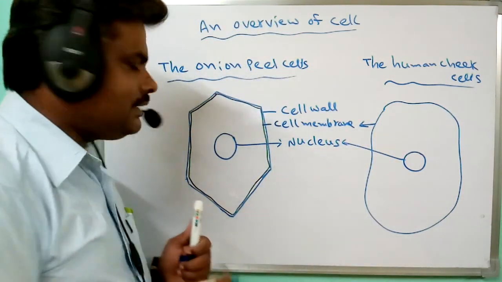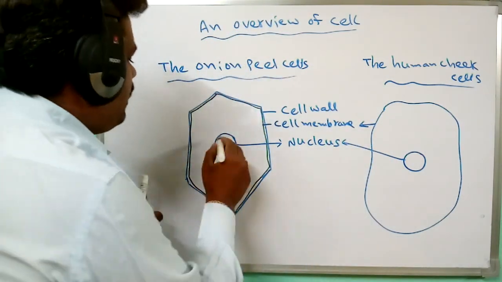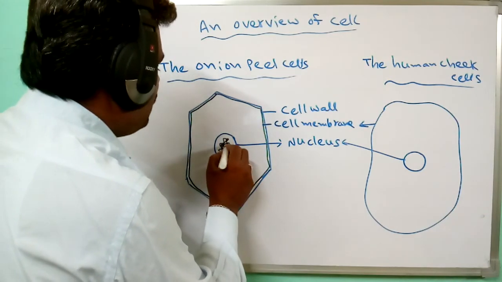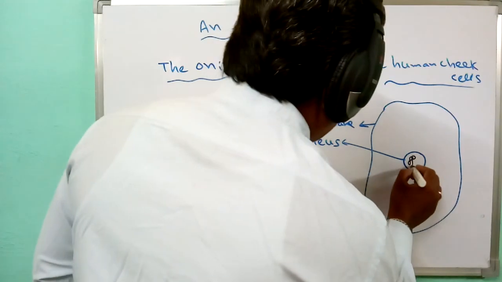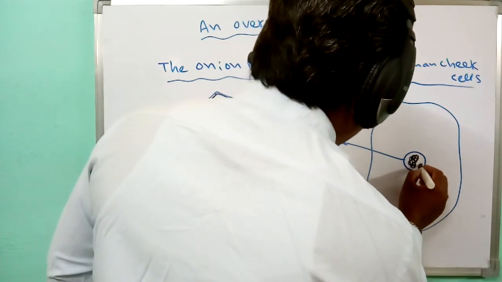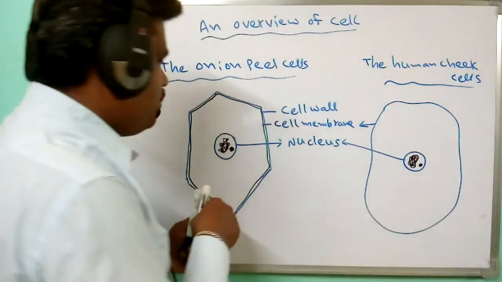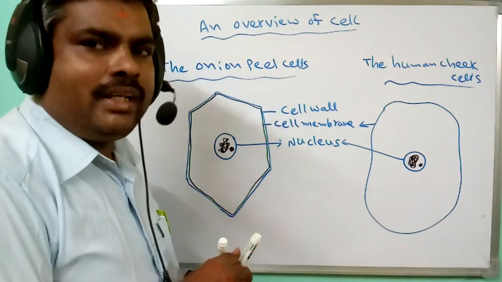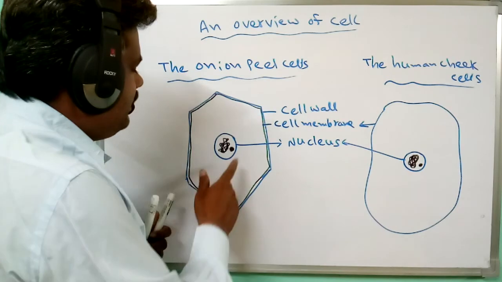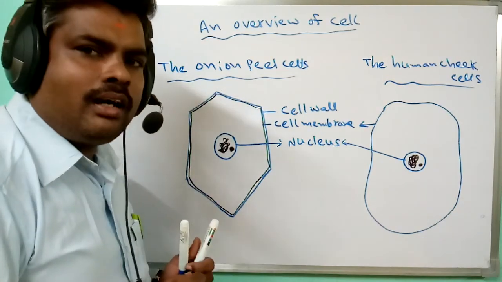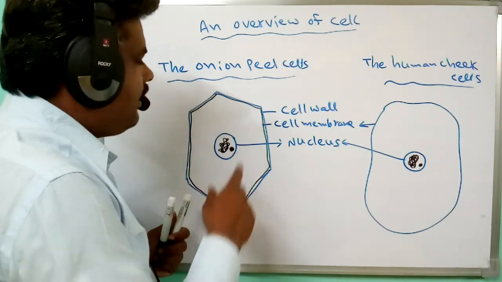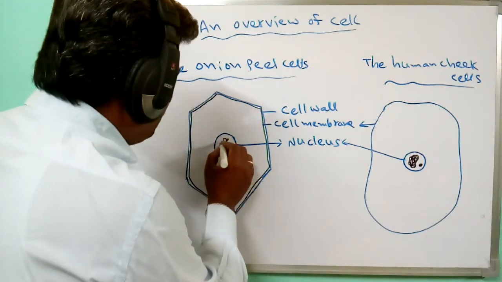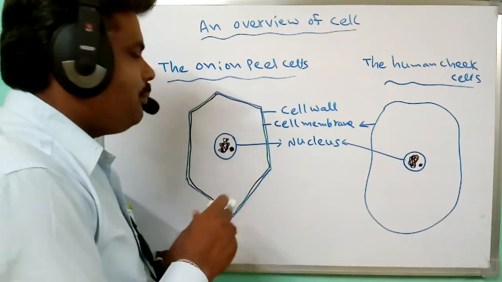Inside the nucleus, the chromosomes are present. These chromosomes act as genetic material. Generally, the DNA is organized into chromosomes inside the nucleus.